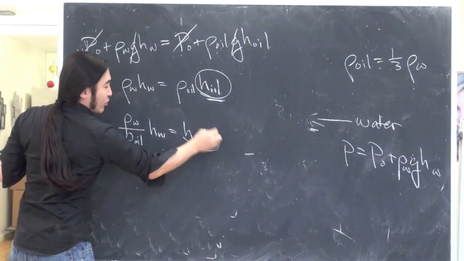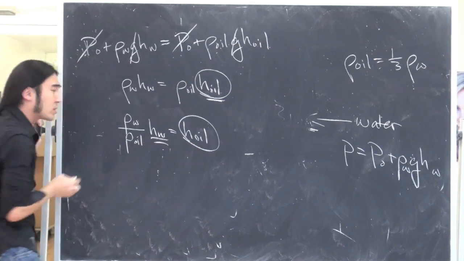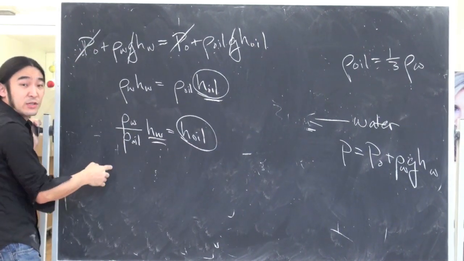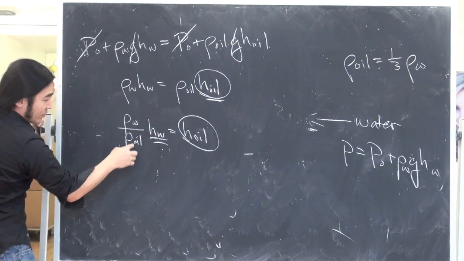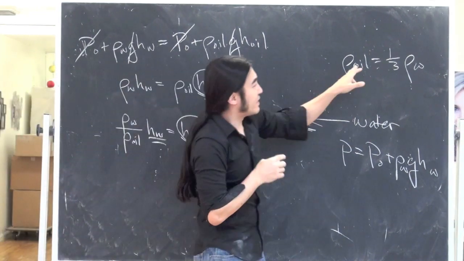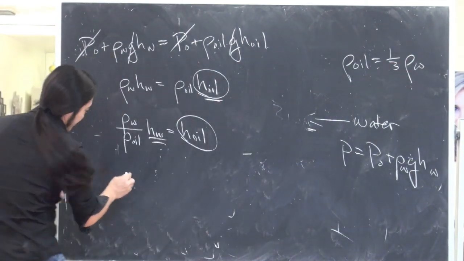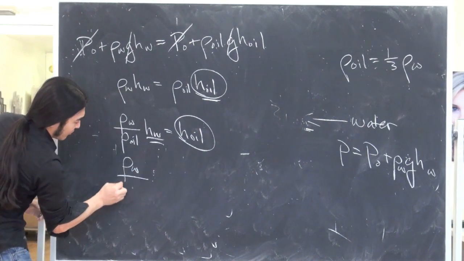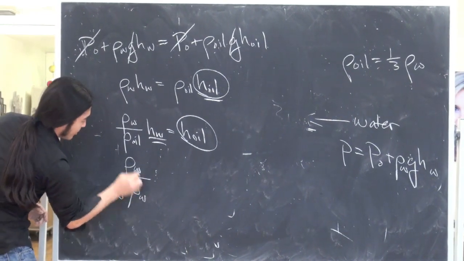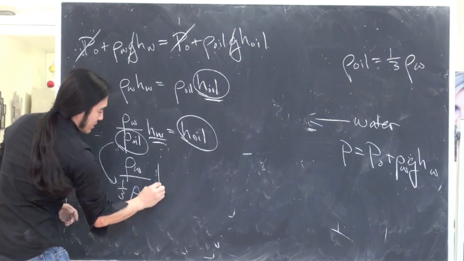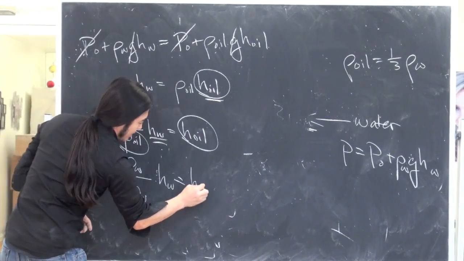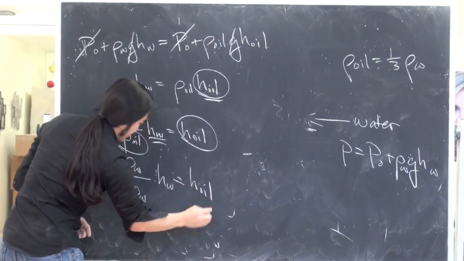Almost done. They told us what this is, and you know what this ratio is. In fact, let's just plug in. You know the rho of the oil is 1/3 the rho of the water. So rho of water over 1/3 the rho of the water, just substituting in here, times the height of the water is the height of the oil, right?